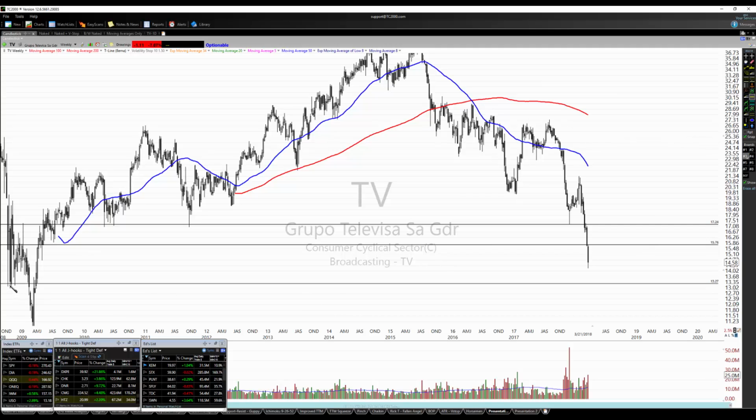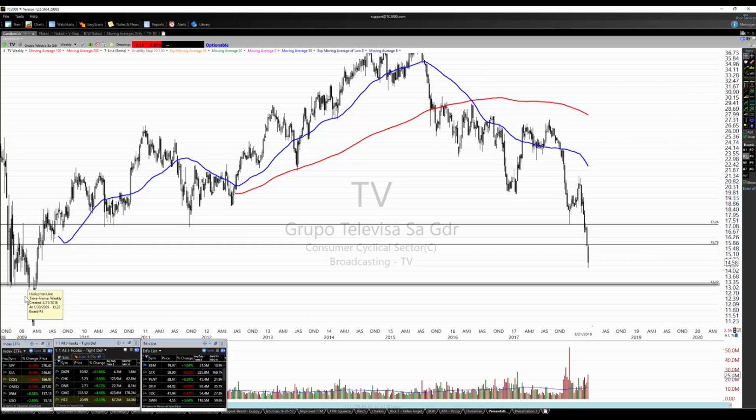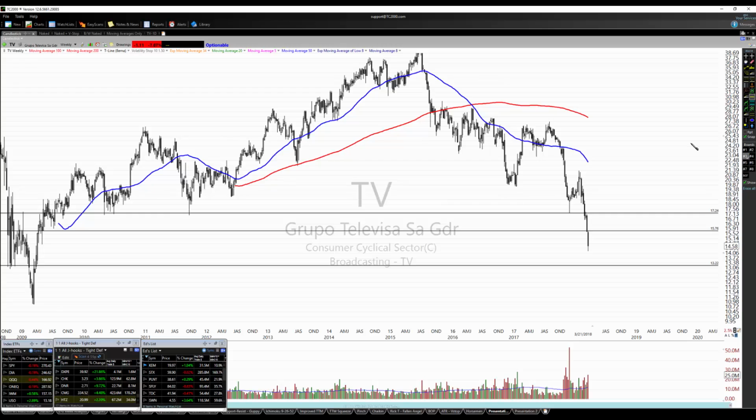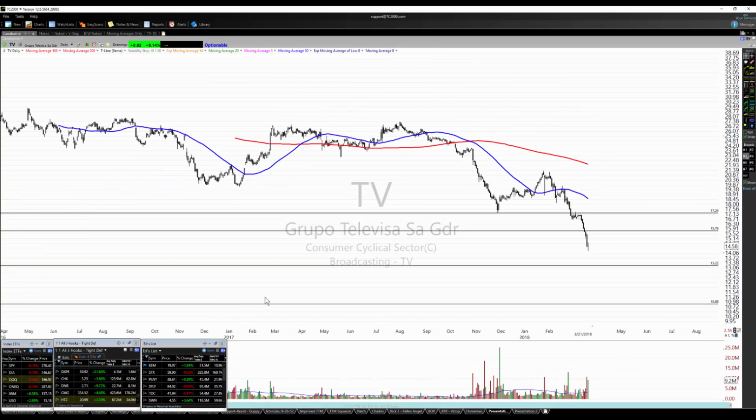Let's say we can draw another one down here, someplace in there off of these lows, and right in there. And let's put that third one in clear down here. I'll go back to the daily.